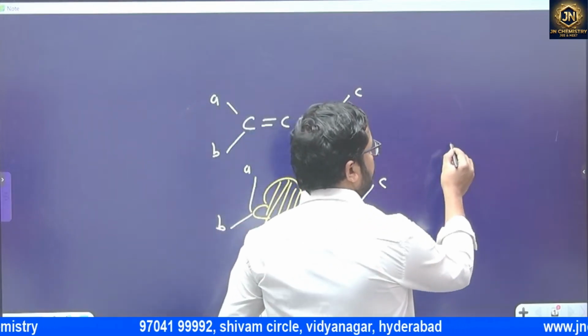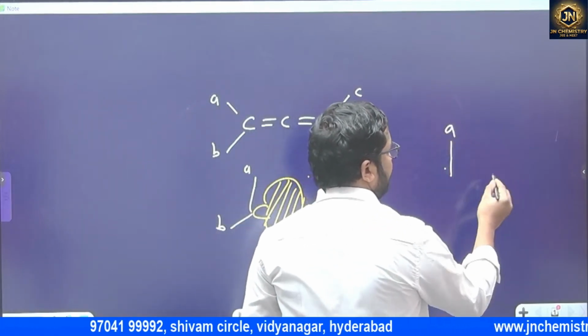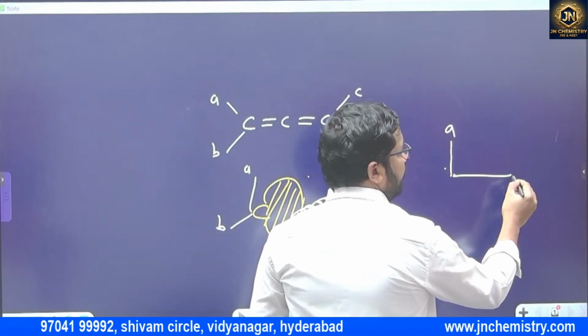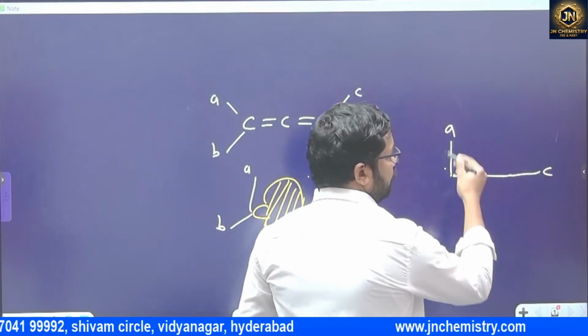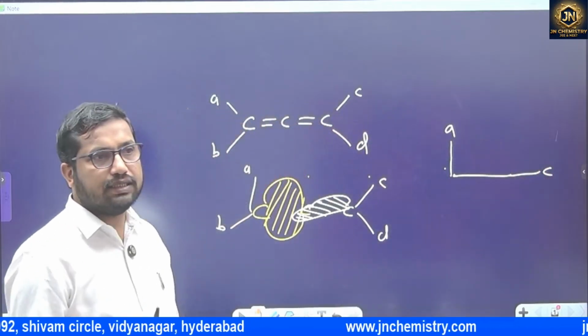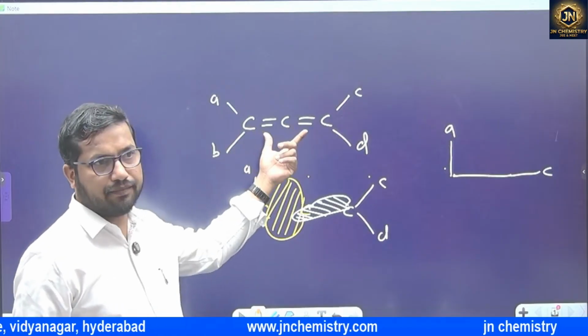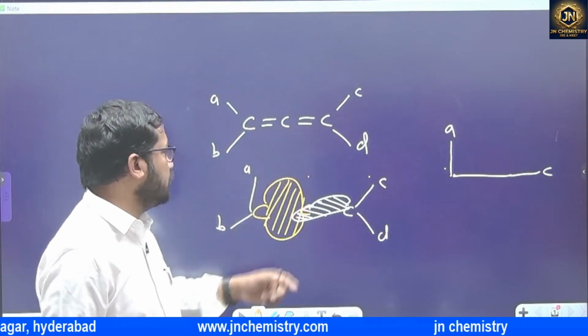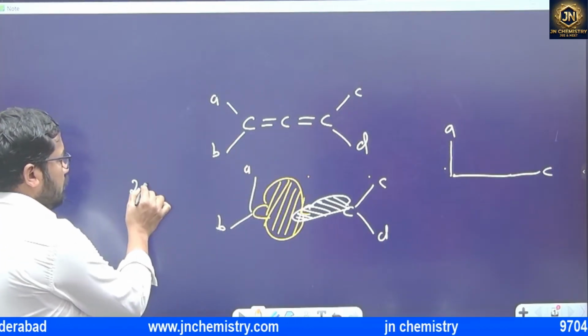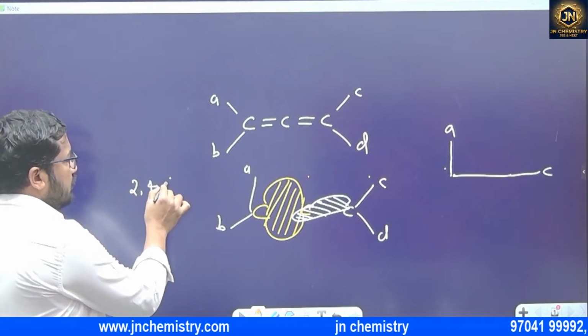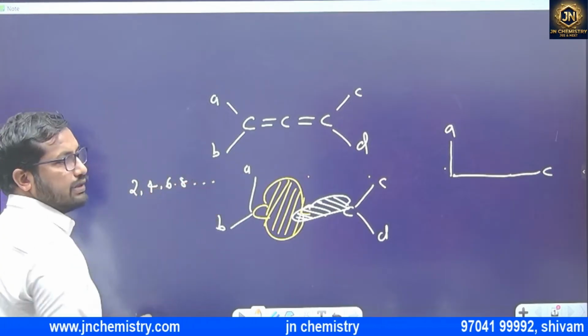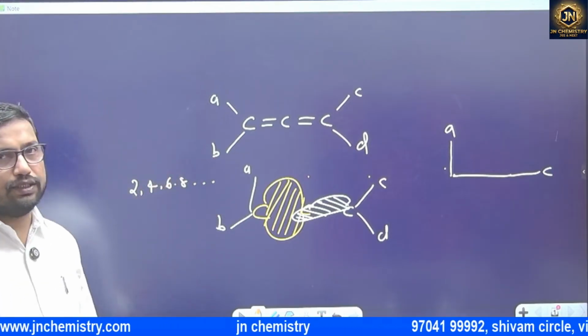Try to understand, it is A. Imagine this side is C. Both are perpendicular, so we can't say cis and trans. In case of even numbers of double bonds, here it is 2, then 4, 6, 8, and so on, it won't show the geometrical isomerism.